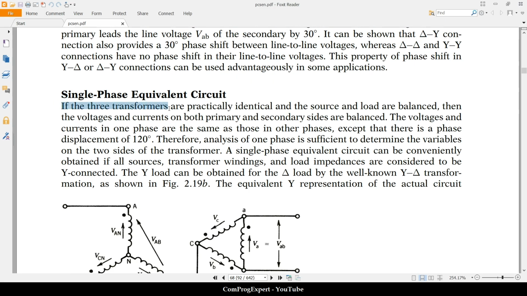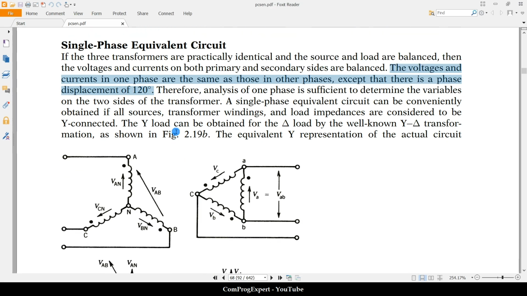If the three-phase transformers are practically identical and the source and load are balanced, then the voltages and currents on both primary and secondary sides are balanced. The voltage and currents in one phase are the same as those in other phases, except that there is a phase displacement of 120 degrees. Okay, we know that.